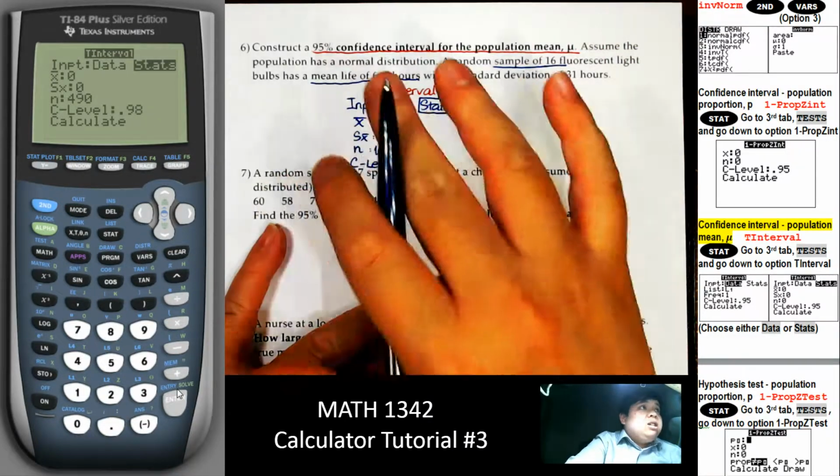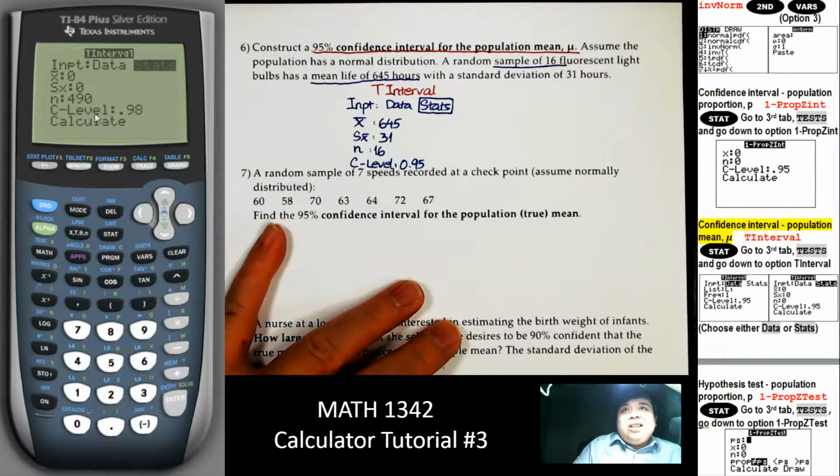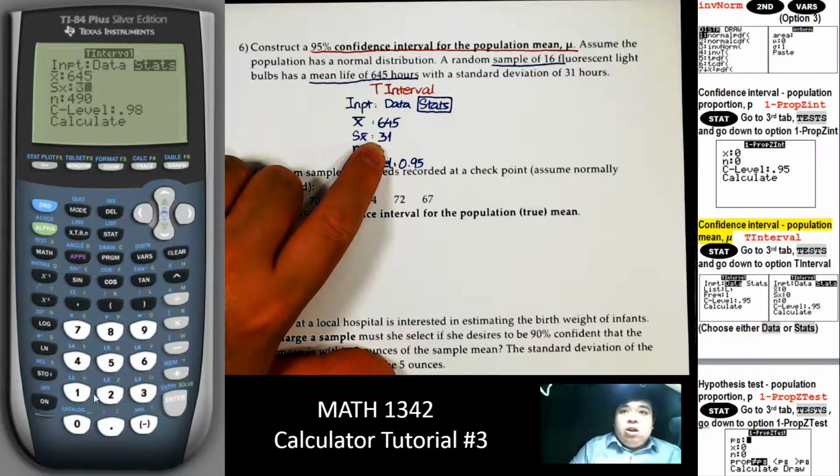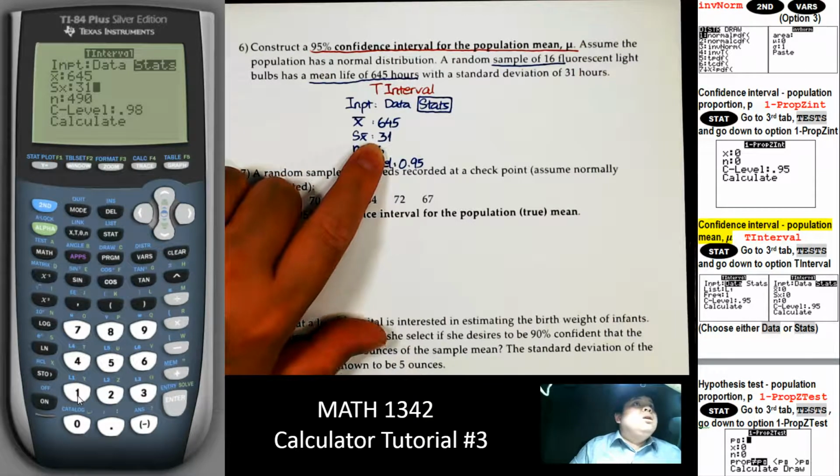So we're going to enter that into that screen. So choose statistic. The mean is, just go down, 645. The standard deviation 31, and n is the number 16.